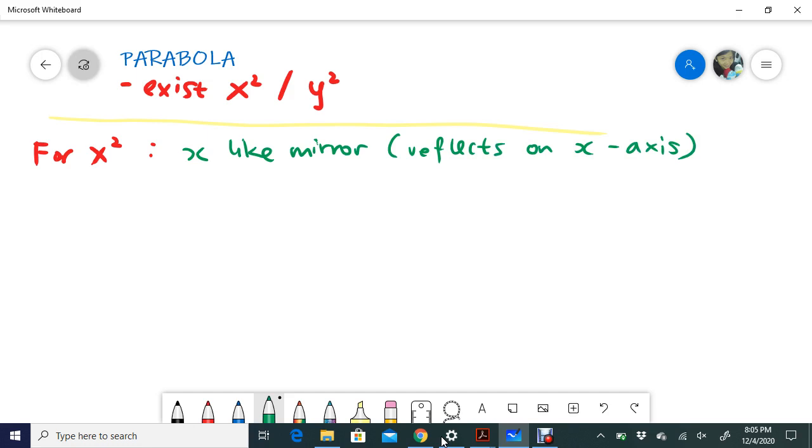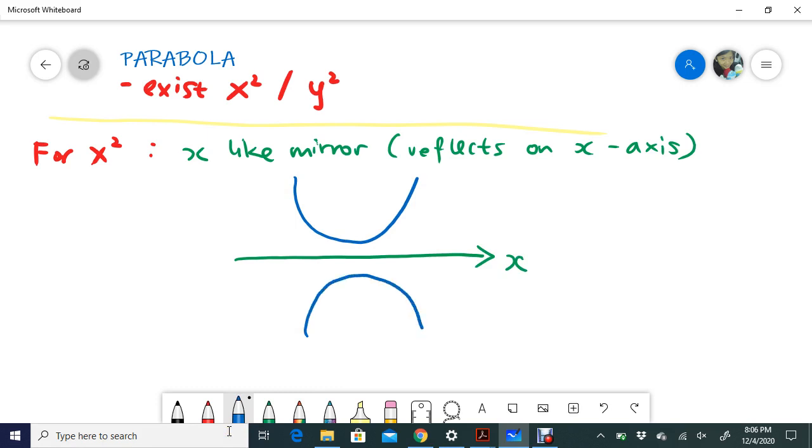What does it mean? Meaning to say that, for example, this is your x-axis. So your parabola will be either a smiley face or a sad face because it reflects on the x-axis. So how do you know if it is a smiley face or a sad face?